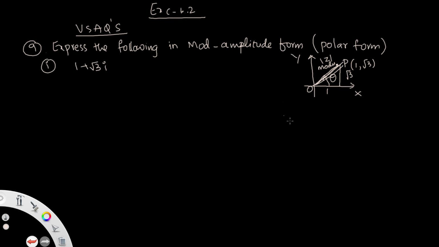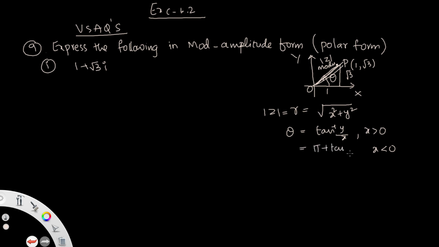Small r equals the distance, mod z equals small r, that is root of x square plus y square, and theta is tan inverse y by x if x is positive. If x is negative, it is pi plus tan inverse y by x.